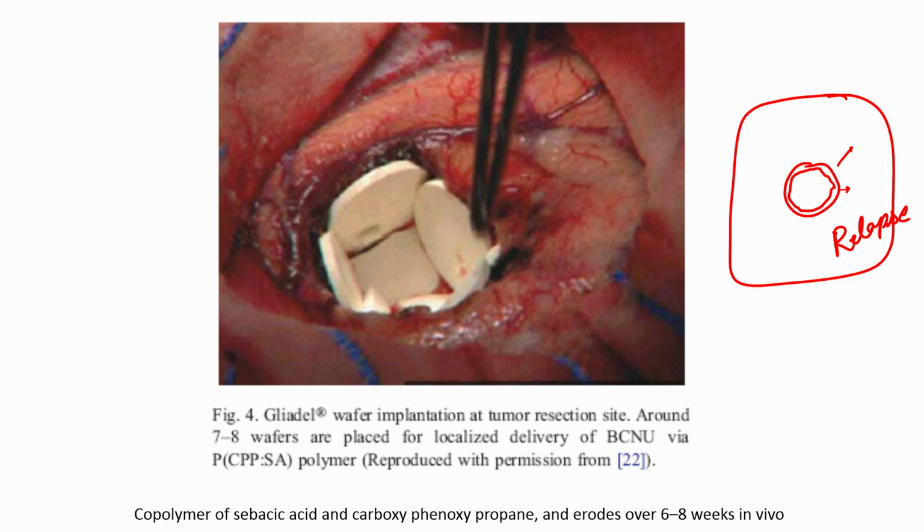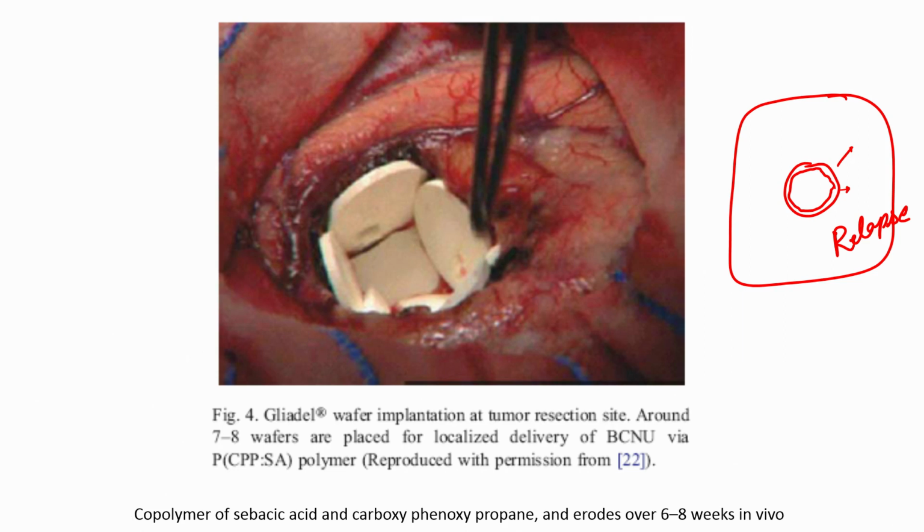So, what they did is they made these disc shaped implants which were encapsulating anti-cancer drugs. These were erodible implants and they would release the anti-cancer drug over a period of time.